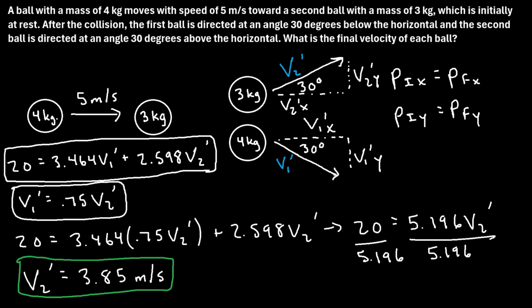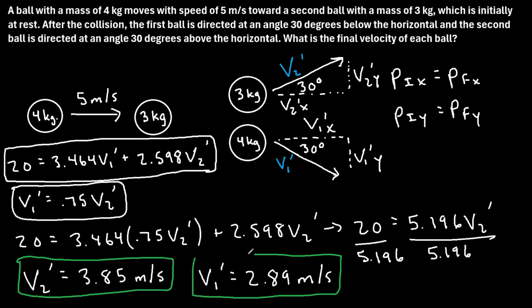To find the final velocity of the first ball, we can just plug in this value for v2 prime in this equation right here. So v1 prime is equal to 0.75 times 3.85, which comes out to 2.89. Again, we're talking about velocity, so our units will be meters per second. So that will be the final velocity of the first ball.